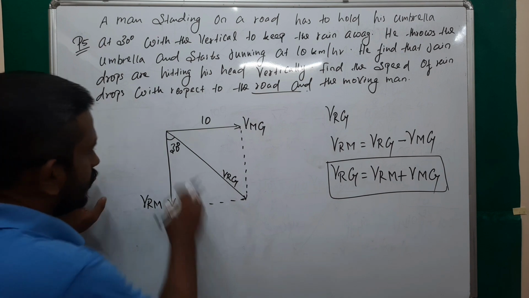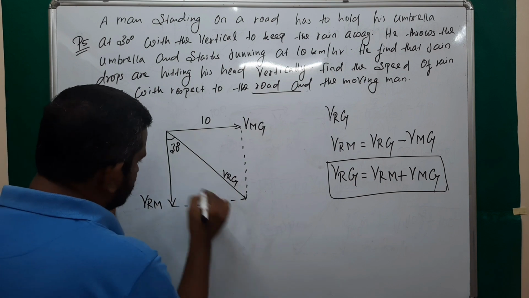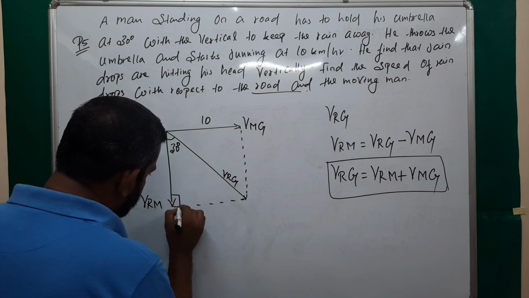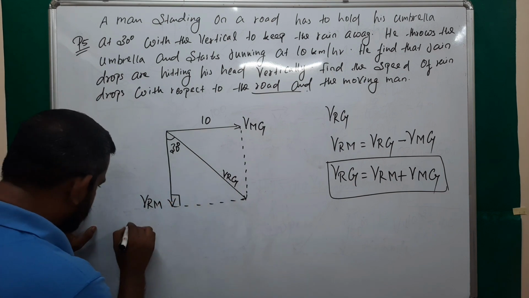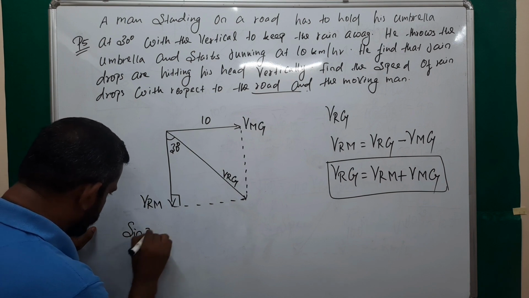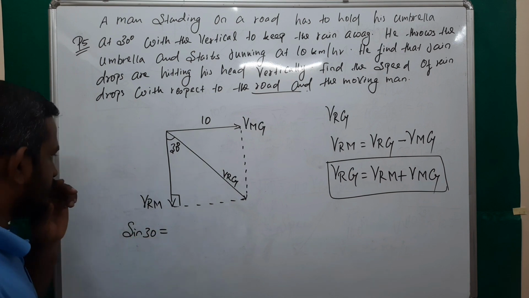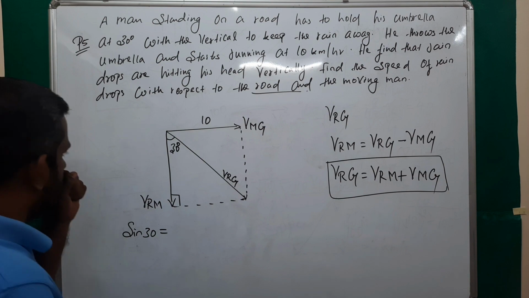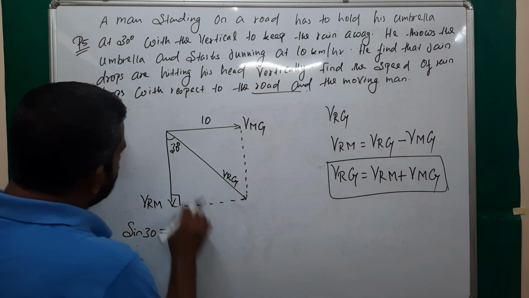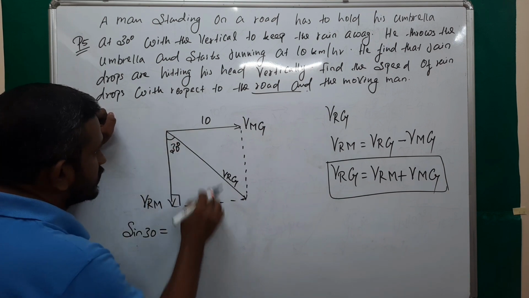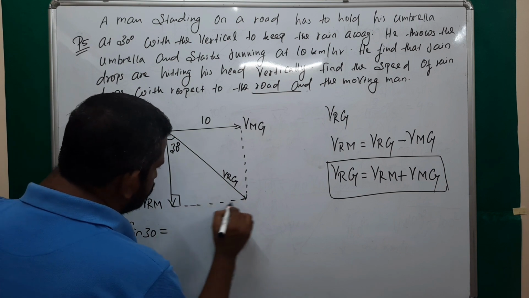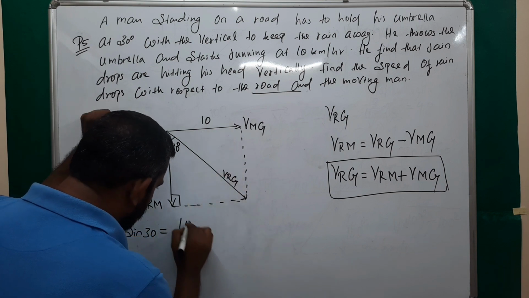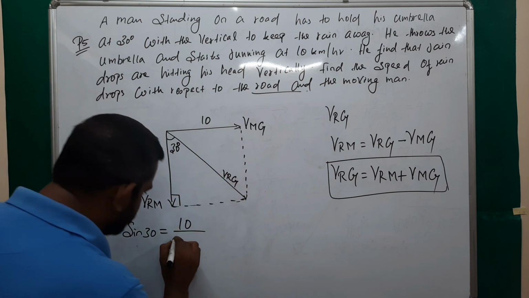From this diagram, if you consider this is the right angle, 90 degrees, then sin 30 is equal to the opposite side, which is 10, divided by the hypotenuse, that is Vrg.